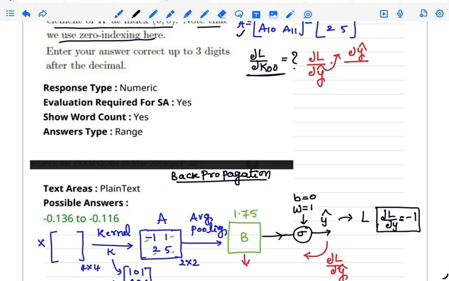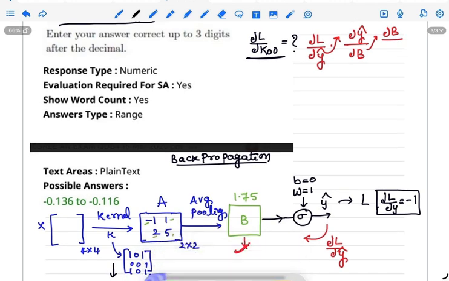After y hat output, how is y hat coming? By the sigmoid operation. After y hat, the b is there, that is the average pooling output, dou b. After this b goes to dou b by dou k, after average pooling, the kernel k. The kernel has 6 elements, but they are asking k 0 0, that is dou k 0 0.